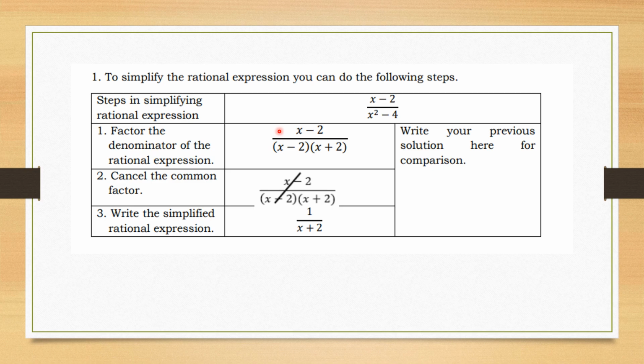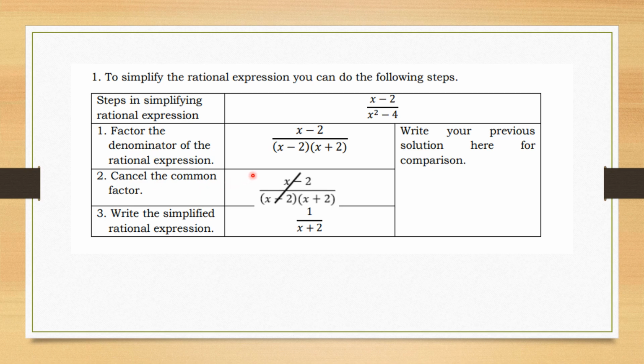We have x minus 2 over the factored form of the denominator x squared minus 4. Its factors are x minus 2 and x plus 2. After determining the factors, the second step is to cancel the common factor. Another term for cancellation is to divide the common factors.